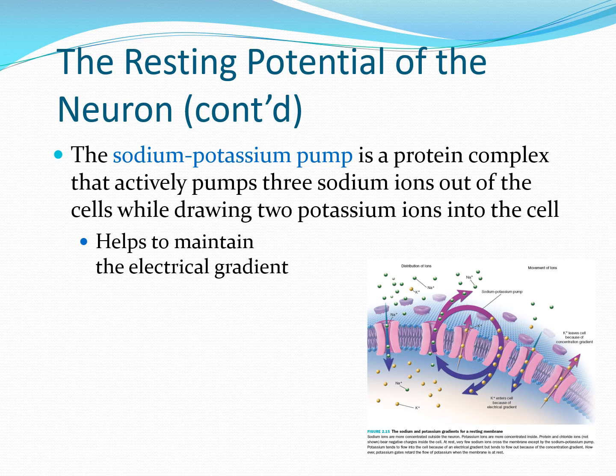Well, this is something that takes energy, an active system called the sodium-potassium pump, which pumps 3 sodium ions out of the cell while drawing 2 potassium ions into the cell. It helps maintain the electrical gradient and the concentration gradients, so that we can have the process occur again.